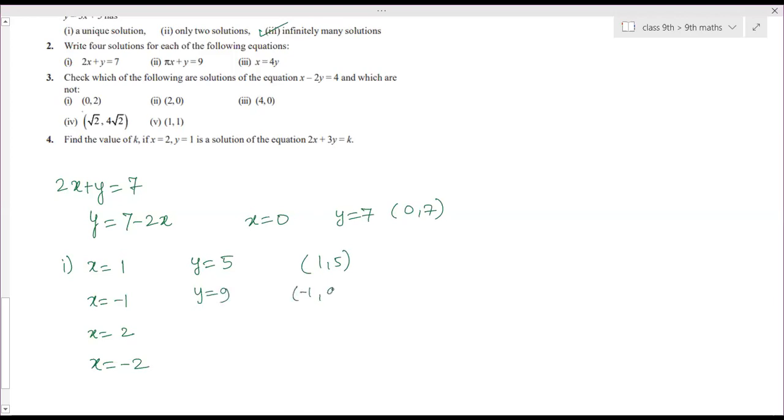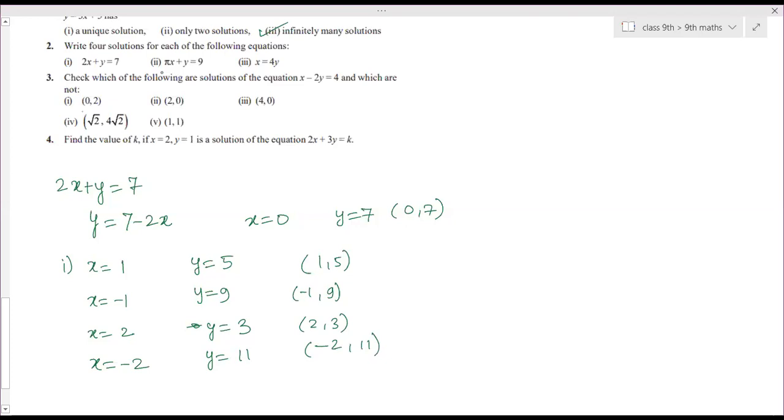Then the third one, x is equal to 2, y value equals 3, so (2, 3). I did not find for x = -2. Okay. Anyone else found out? Yes, ma'am, (-2, 11). So that means (-2, 11).